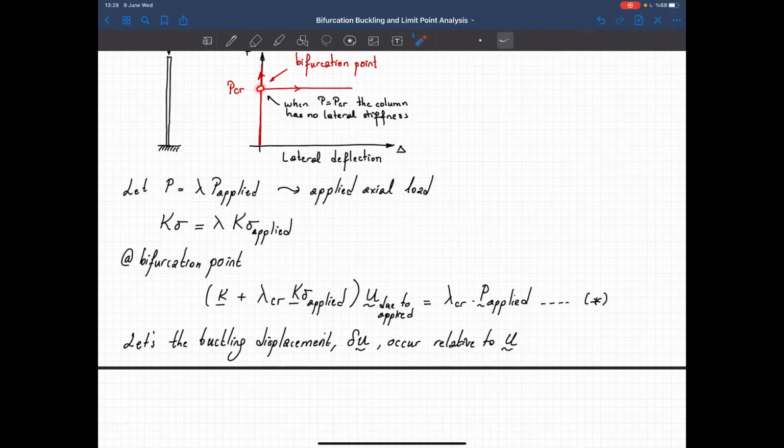Now remember, at this point we satisfy the equilibrium and we can have delta U in this direction. We already have U up to this point.